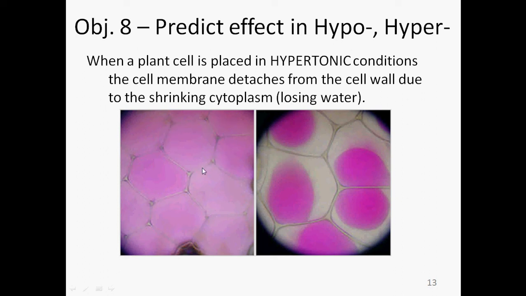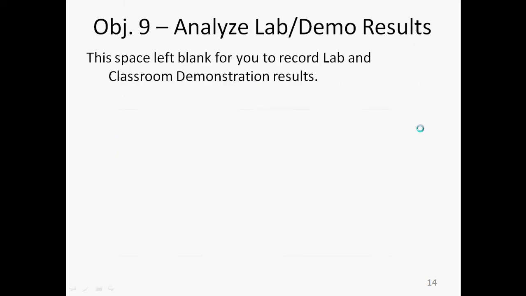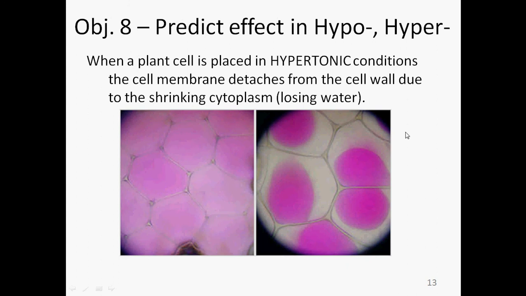All right, so this is called plasmolysis. Placing plant cells in hypertonic conditions is going to cause the water to leave. So you might want to put an arrow on your notes right here of water leaving these cells. Okay, H2O going out.